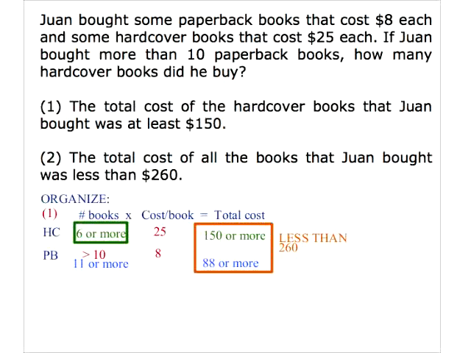Chat box. What are we going to have to do? Yeah, we can't just do 150 plus 88 because that's just doing kind of random algebra, and it doesn't really take into account the fact that these are whole numbers.